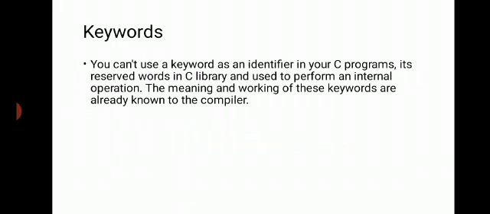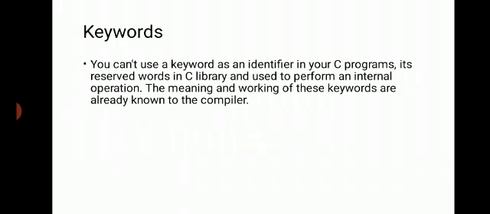For example, if you remember, in the previous video we discussed the if else and nested if else statements. If we look at if, we cannot use if as an identifier. Why? Because if is a keyword. You cannot write int if = 1.